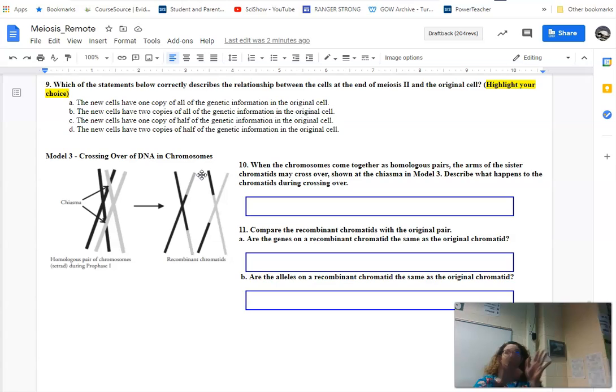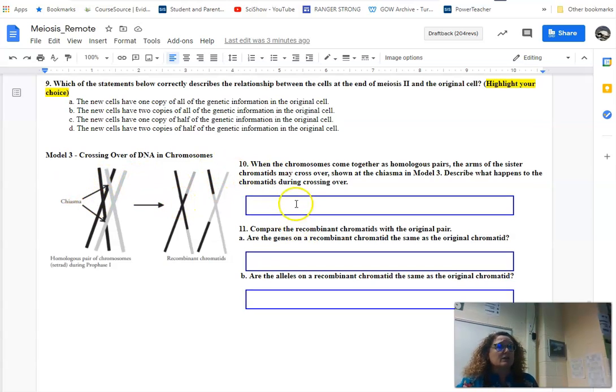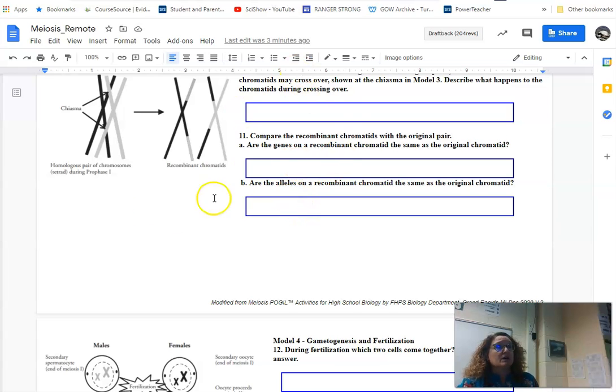So it mixes the information on the chromosomes a little bit. It's not a mutation though, because it's crossing in the exact same spot. It's taking the alleles, keeping them in the same order, those nucleotides, and using that same order here and here. What's different is that this might have had the order for brown eyes, and this might have the order for blue eyes. So it changes some of the combinations of traits that could be inherited. This is the phenomenon of crossing over, and you're going to answer questions 11 and 12 about that.